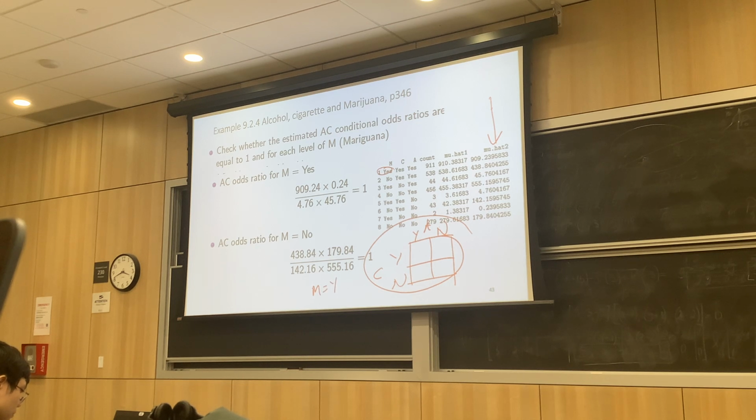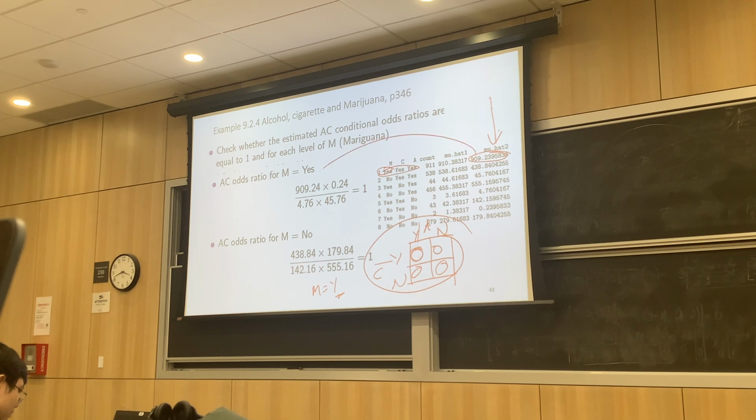And you can calculate the expected odds ratio. So you can calculate this one times this divided by this times this. So this one means the expected count for marijuana equals y, cigarette equals y, alcohol equals y. That means this is the expected count if you are using this model.